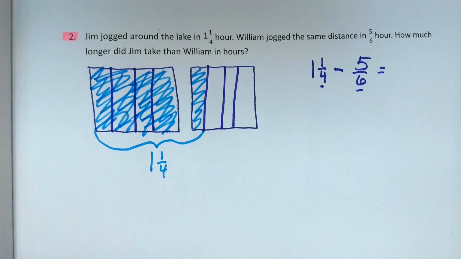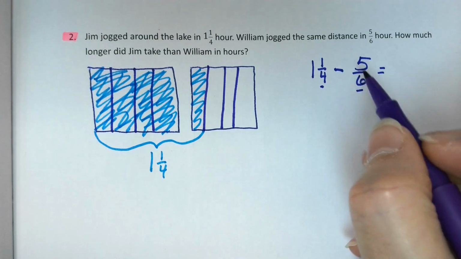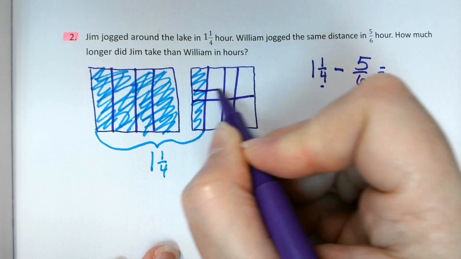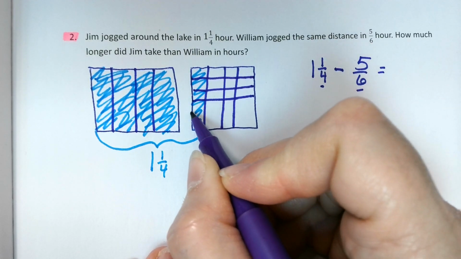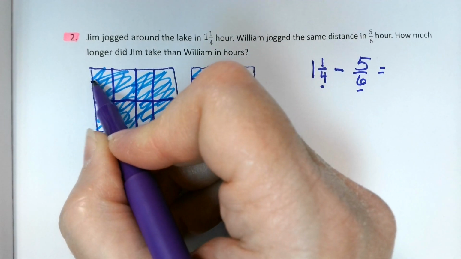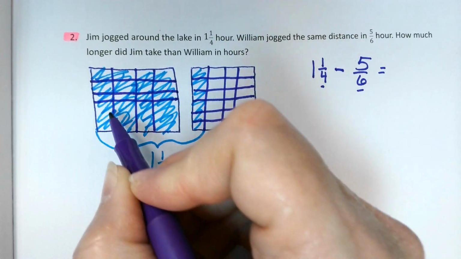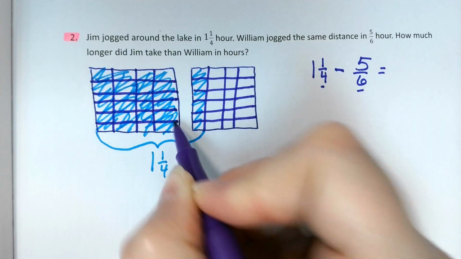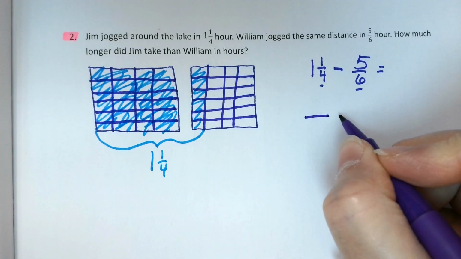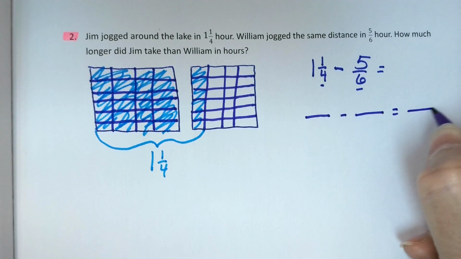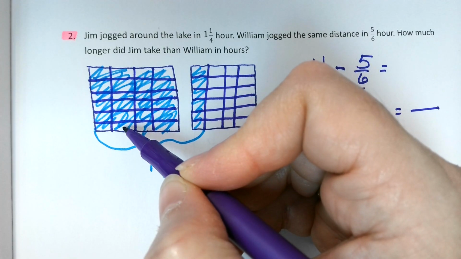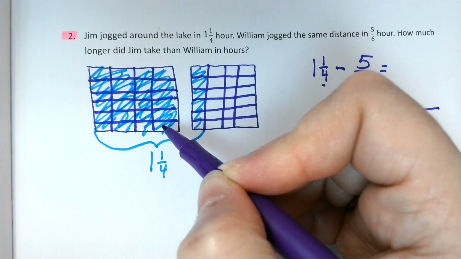Now I am separating it into sixths. There's 3 and 6. Now I'm finding my new denominator. 1, 2, 3, 4, 5, 6, 12, 18, 24.